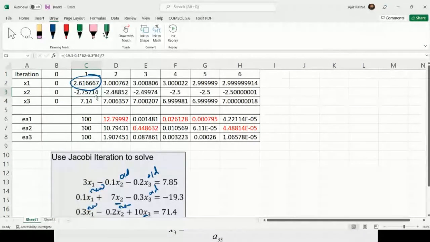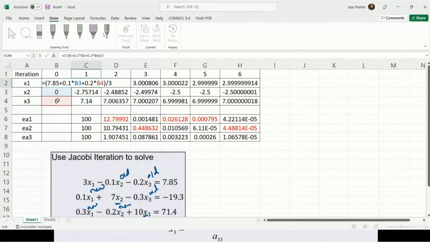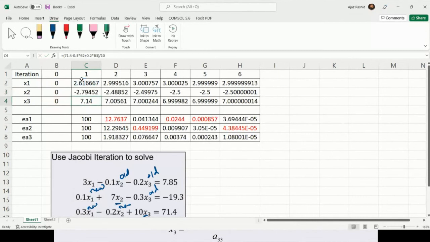So here we are using the old values. Here we are using the old value, but it says that since we have a new value for x1, use the new value. And for this, use the new value for x1 and for x2.